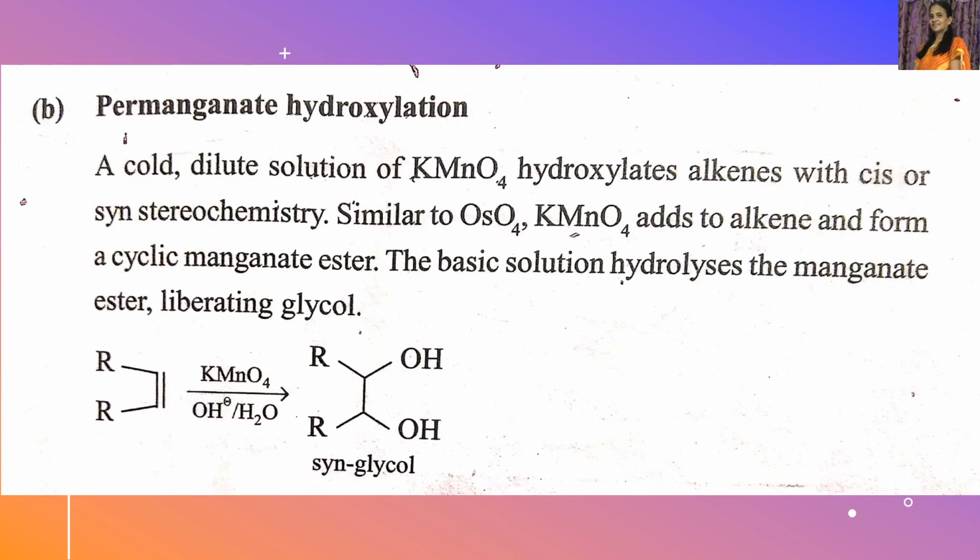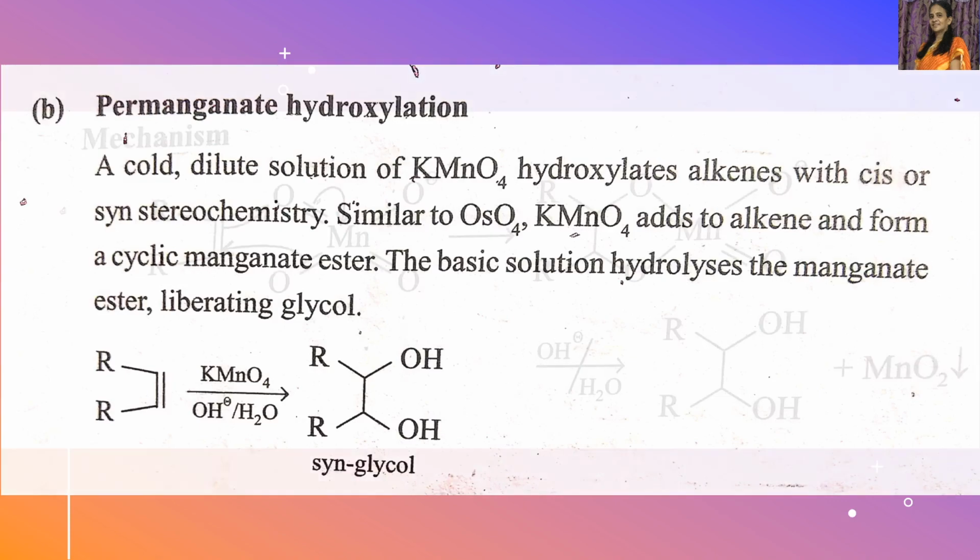Initially it combines with this alkene to form a manganate ester, which undergoes hydrolysis in the presence of a base to finally form a syn or cis glycol. Syn or cis in the sense that two OH groups are present on the same side of the double bond. When they are present on the same side, it is called syn. When they are present on the opposite side, then they are called anti or trans.